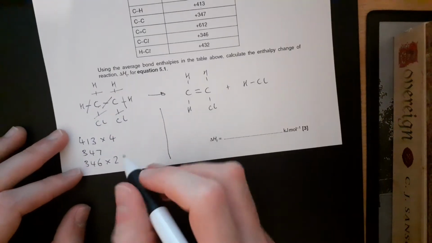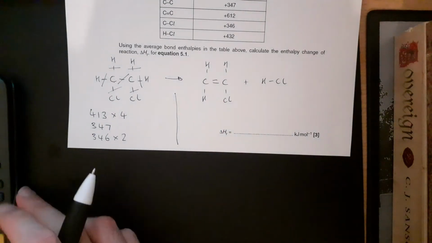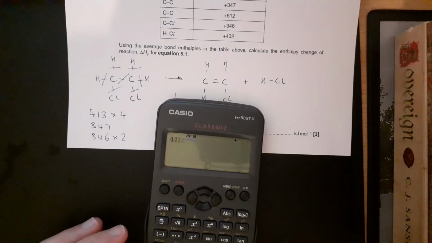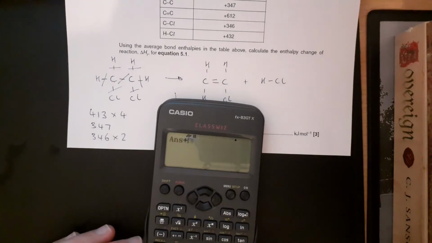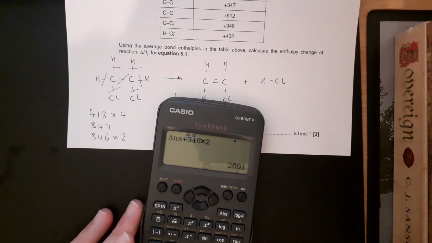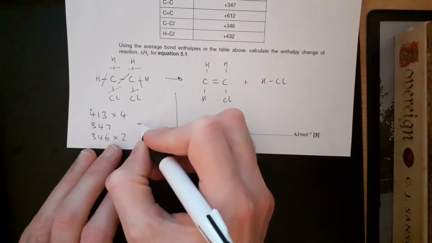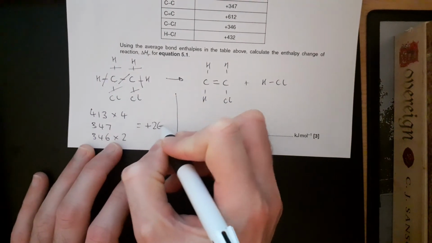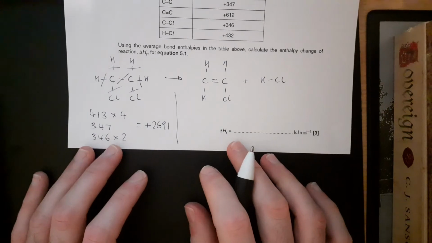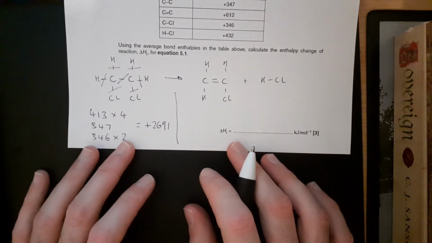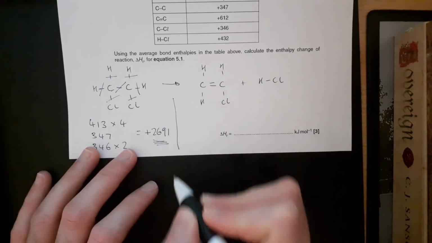Okay. So let's add up all of that. 413 times 4 plus 347 plus 346 times 2. That's 2691. And that's going to be a positive number because those are all the bonds we have to break. We have to put energy in to break those. Okay. So that's going to be this side.